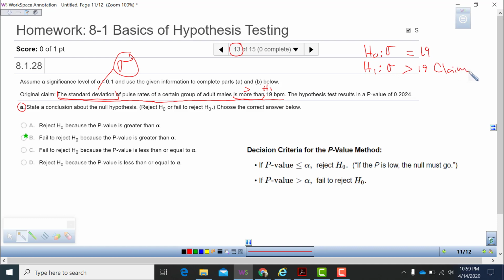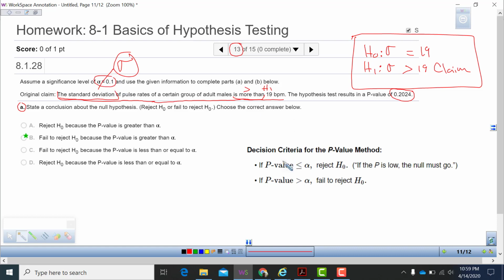Knowing where the claim is, is very, very important. State the null hypothesis, the alternative, and state where the claim is. Again, look, the p-value is 0.2024 and alpha is 0.1.